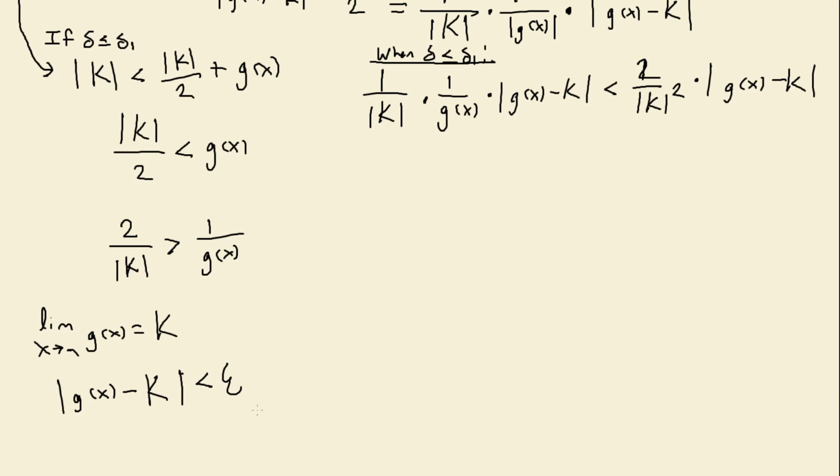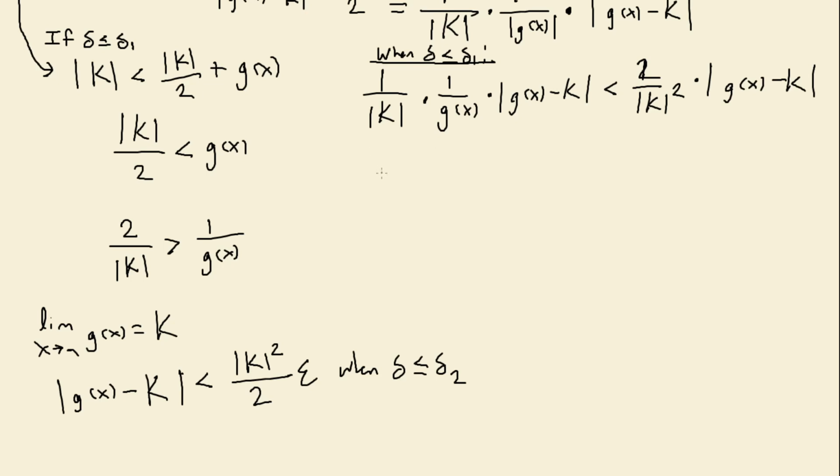And so we could say that this is going to be less than, and then if we want to get rid of this, we would just say the absolute value of k squared over 2 times epsilon when delta is less than or equal to delta 2.